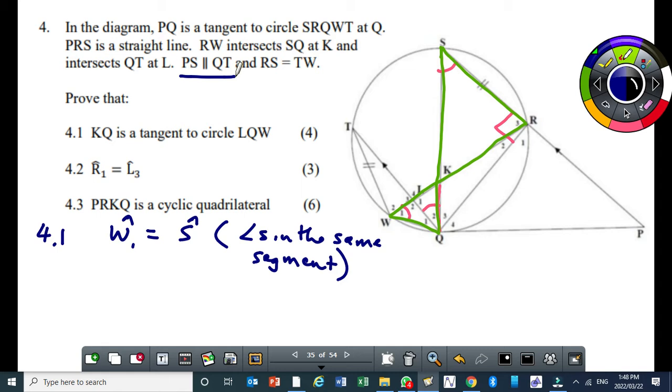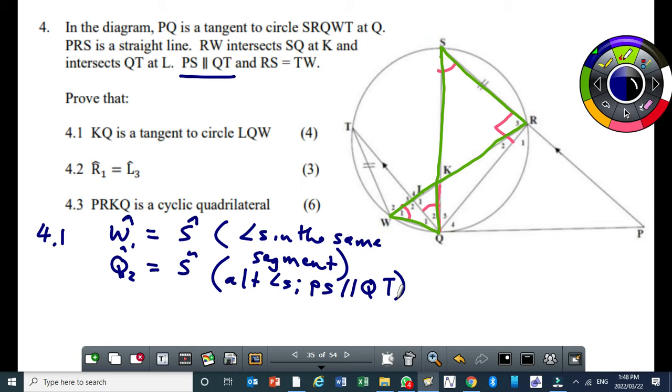Therefore, angle S is equal to angle Q2. The reason: alternate angles. Then you state the lines that are parallel, so that PS is parallel to QT.